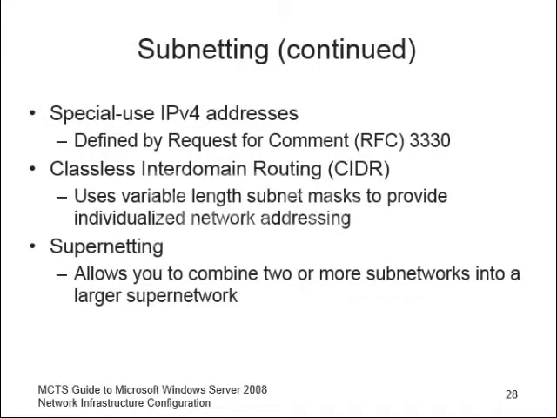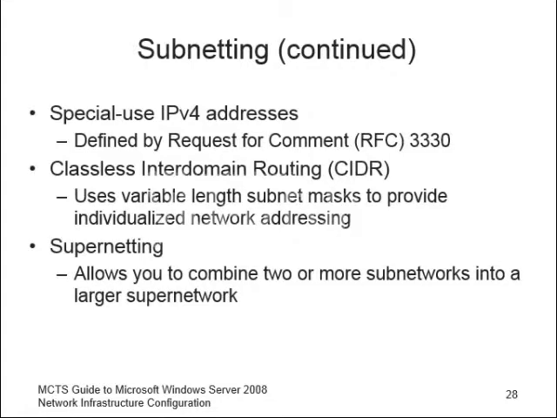CIDR creates a hierarchical addressing structure by breaking the network address space into CIDR blocks, which are identified by a leading bit string similar to classful addressing. However, the length of the bit string identifying a CIDR block is specified as part of the block name using the CIDR notation.